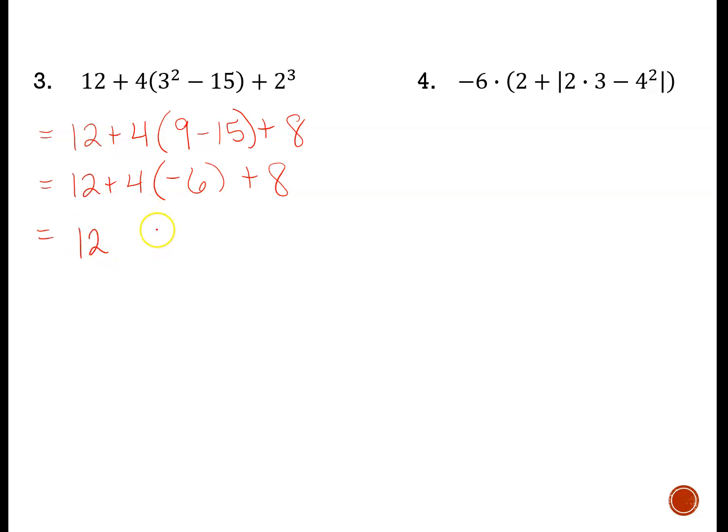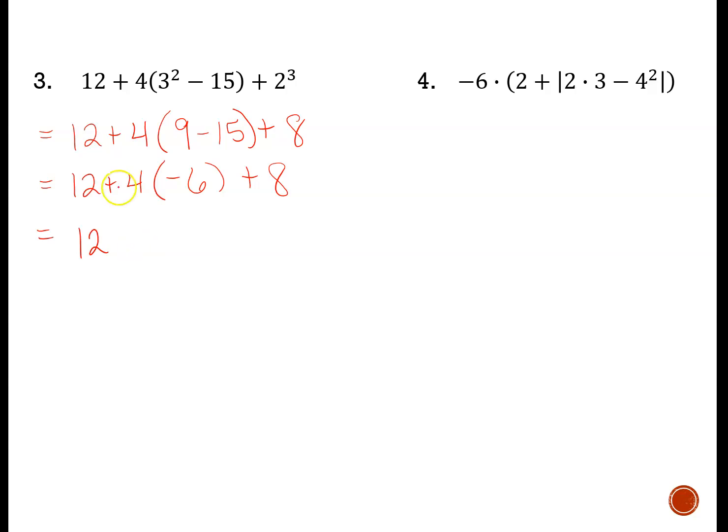And right here you have a choice of putting your plus sign. Let's just say you did that. And then you said, okay, a positive times a negative is going to be a negative. So plus negative 24. You can write it that way. In fact, I think I did that on number 2.